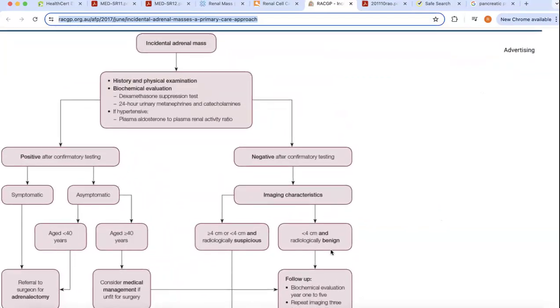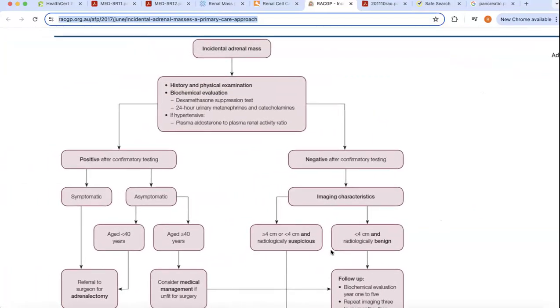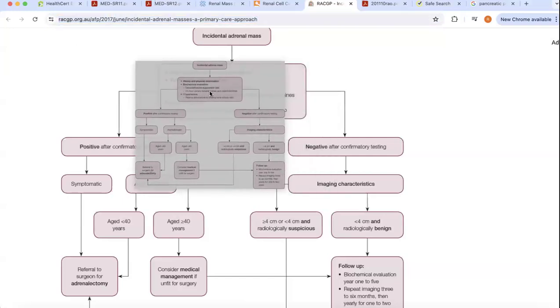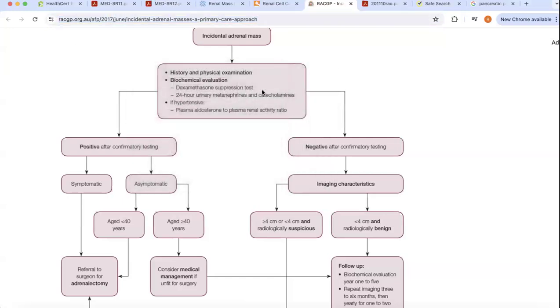So if you have got a patient, somehow you did a CT, found an adrenal mass, what's your next step? Next step is to find out if the patient has any kind of hormonal disturbance. So you do a biochemical evaluation: you check for Cushing syndrome by dexamethasone suppression test, you check for metanephrine and catecholamine to rule out pheochromocytoma, you check for aldosteronism.